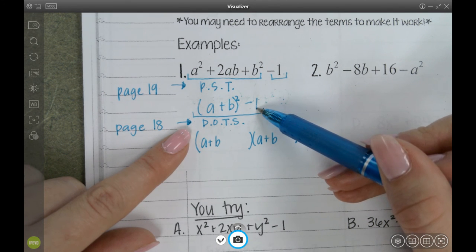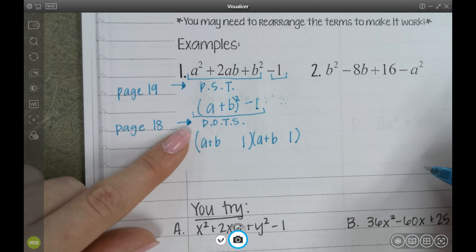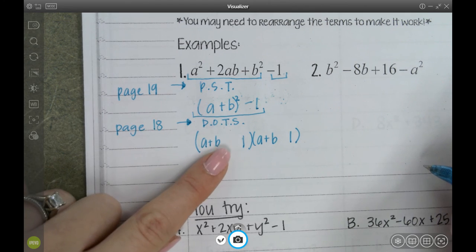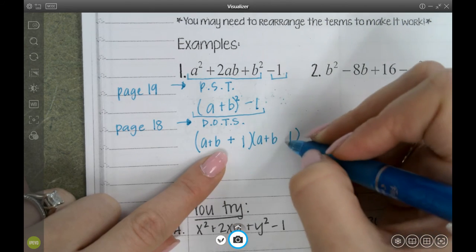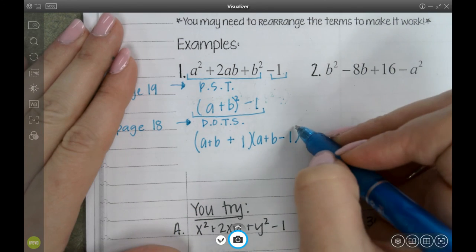Square root of 1 is 1. You make the first factor a plus and the second factor a minus. Does that make your brain hurt a little bit? Yes. I'm sorry. It's factored and you're done.